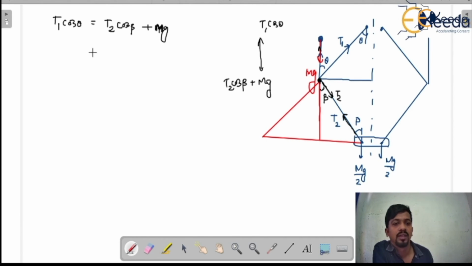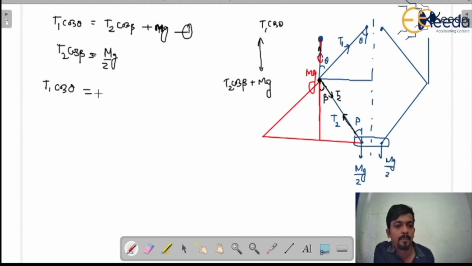T2 cos beta, this is our first equation, and we know that T2 cos beta is equal to mg by 2. So you directly put the value of T2 cos beta in this equation, and you will get T1 cos theta is equal to mg by 2 plus mg.